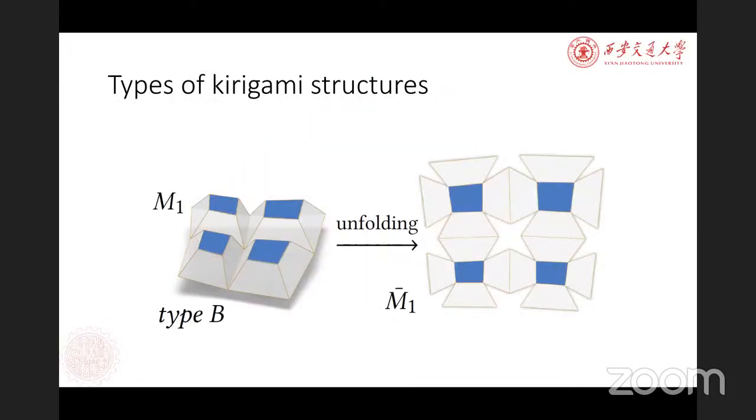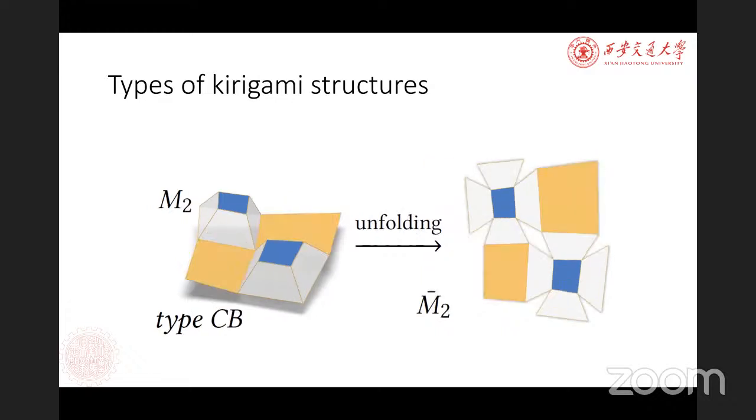And there are three types of box structure we worked on in this project. So this is one, we call it box Carigami, or type B for short. So for each face of the reference quad mesh, there is a box structure. The second one we call checkerboard box Carigami, or type CB for short. So here we can see the difference.